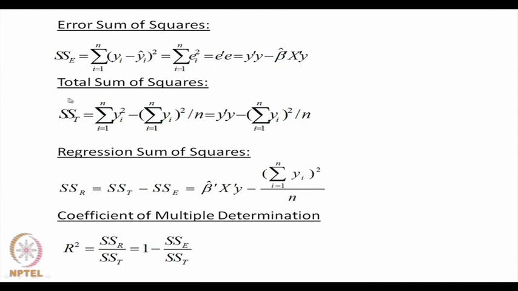The total sum of squares can be found out in this manner, and through regression the sum of squares will be total sum of squares minus the error sum of squares. From here, we define a coefficient of multiple determination R square, which is regression sum of squares by total sum of squares.